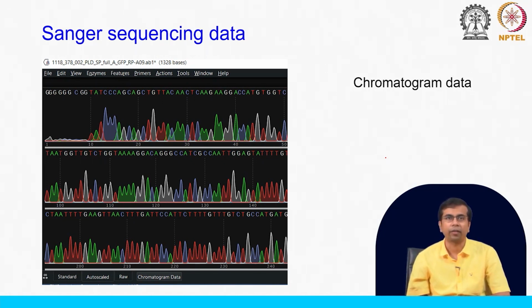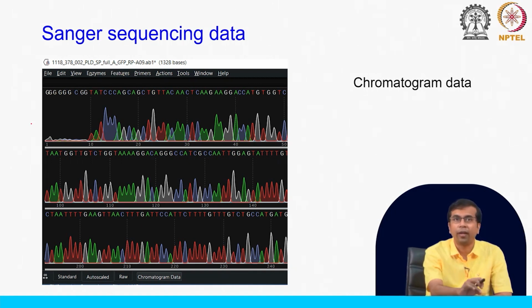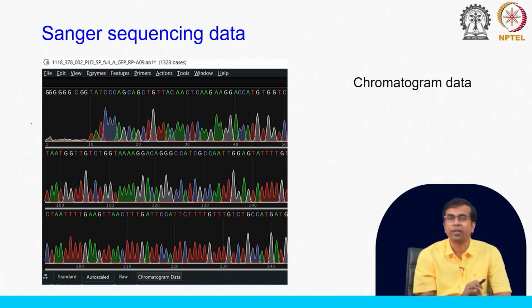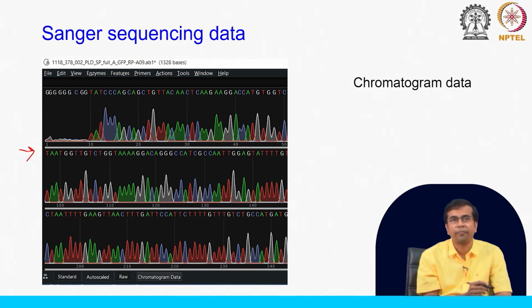This is called the chromatogram data, where you have the sequencing data stored. What you see here is 3 rows of information in this diagram. The first row is the sequence. For each base you have a peak, and these peaks are also colored differently.